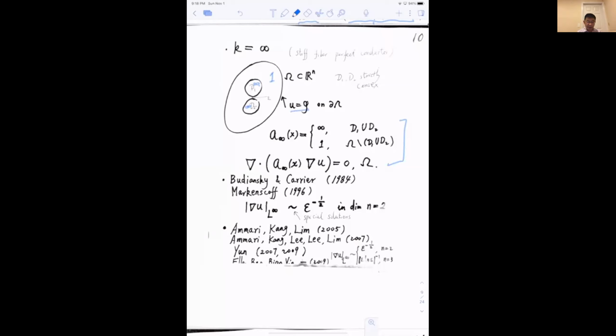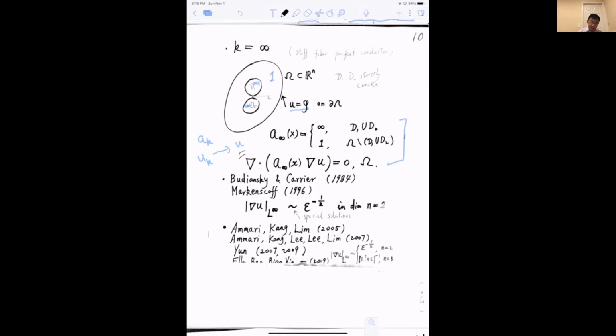Instead of A infinity, we look at AK, and you have UK, as we defined before. Then this UK will go to U infinity, will go to U, in a proper sense, uniquely. So one can prove that. So this U is the solution to this problem.